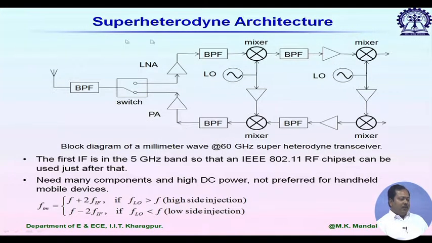So what are the advantages and disadvantages of the superheterodyne receiver principle? It is usually a very accurate, high performance architecture compared with other popular architectures, but it has a problem.